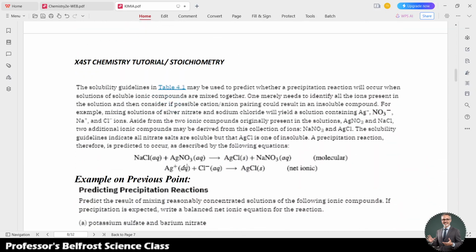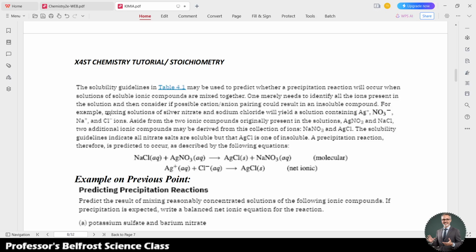So the table before may be used to predict whether a precipitation reaction will occur when solutions of soluble ionic compounds are mixed together. One merely needs to identify all the ions present in the solutions and then consider which possible cation-anion pairing could result in an insoluble compound. For example, mixing solutions of silver nitrate and sodium chloride will yield a solution containing silver ion, nitrate ion, sodium ion, and chloride ion.